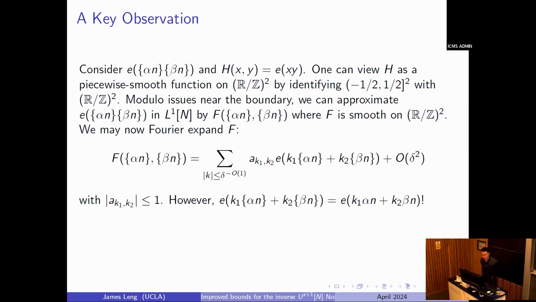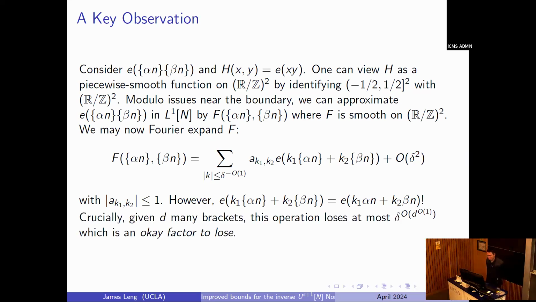And the key point of doing this is that now each of these coefficients has k1 bracket alpha n plus k2 bracket beta n. If I raise it to a complex exponential, these brackets basically go away, so we remove the brackets. So this is kind of a general procedure on how to handle problems with two brackets.